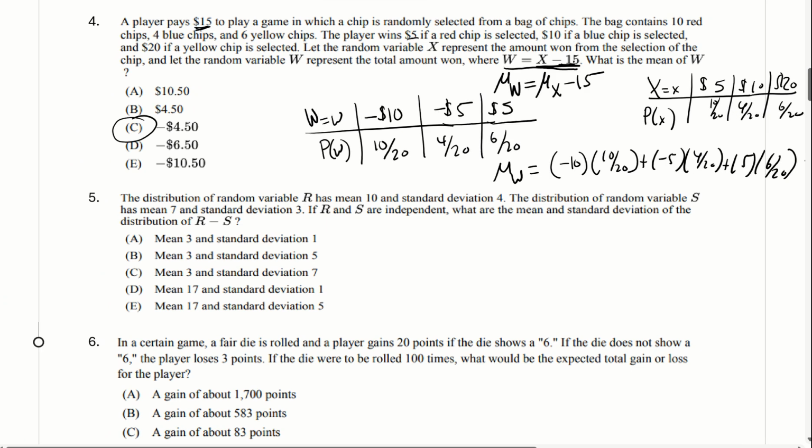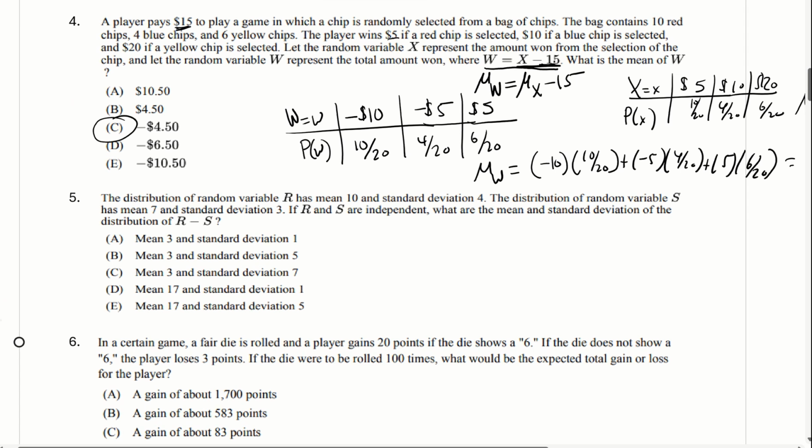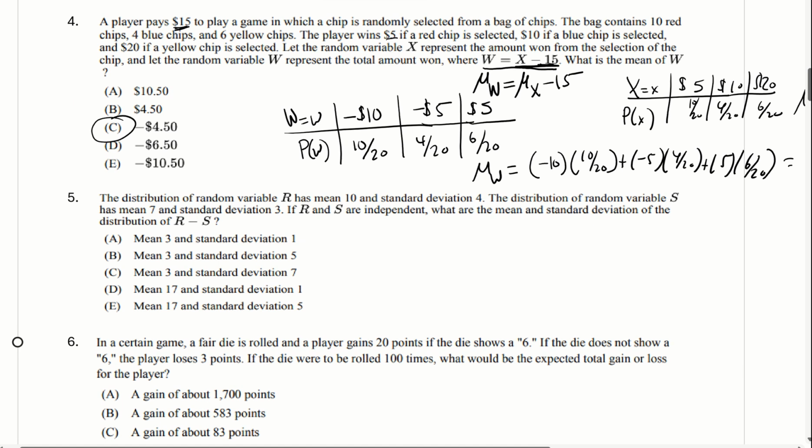All right, so number 5 says the distribution of random variable R has a mean of 10 and standard deviation of 4. The distribution of random variable S has a mean of 7 and standard deviation 3. If R and S are independent, then what are the mean and standard deviation of the distribution R minus S? Okay. All right.